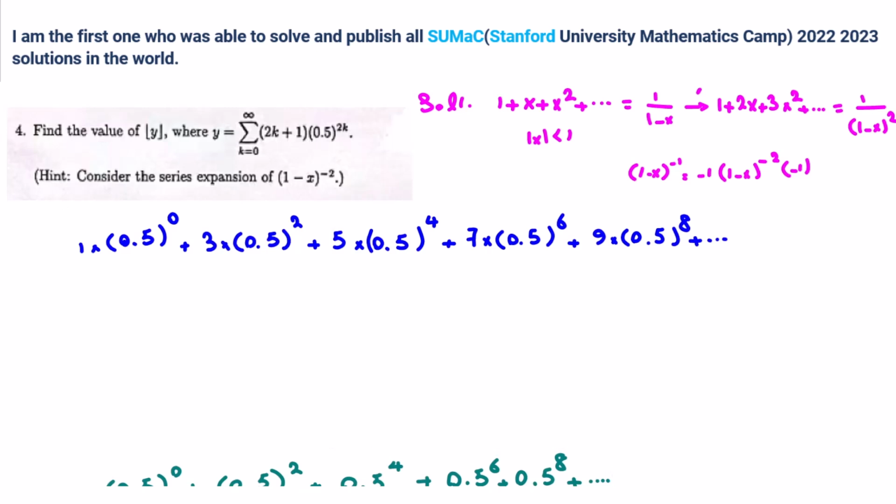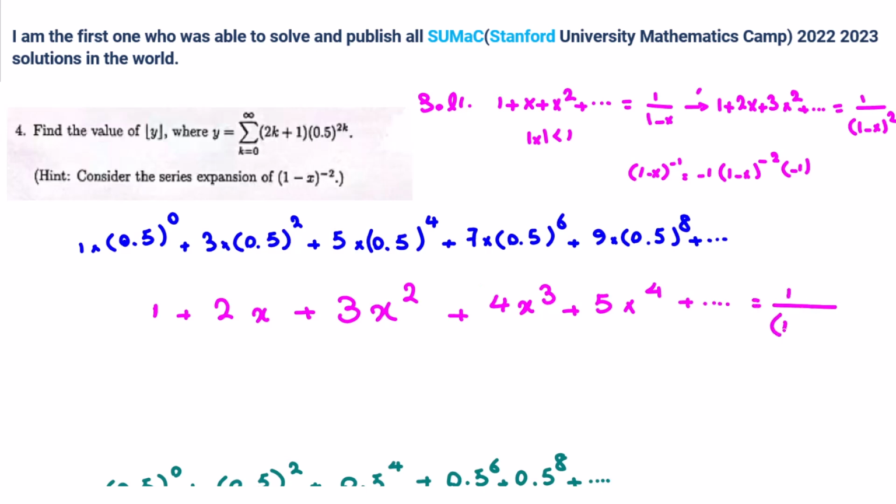So here I know that 1 plus 2x plus 3x squared, plus 4x cubed, plus 5x to the 4, is equal to 1 over 1 minus x squared, right?